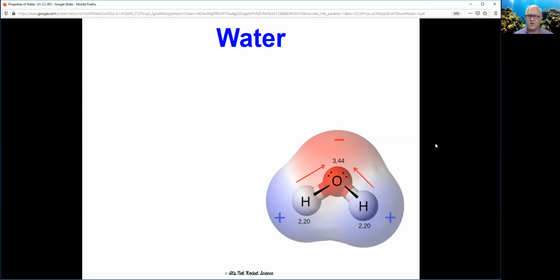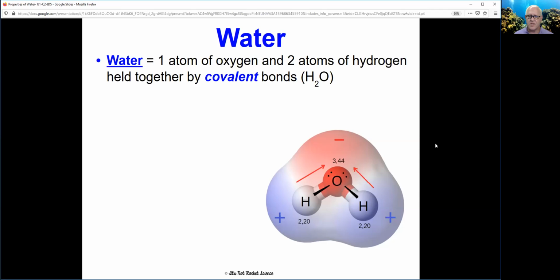Let's talk about water. Yesterday, we were talking about elements and bonding and why elements like to bond to become stable. Now, water is 1 atom of oxygen and 2 atoms of hydrogen held together by a covalent bond, and together they become H2O, or 2 hydrogens, 1 oxygen.